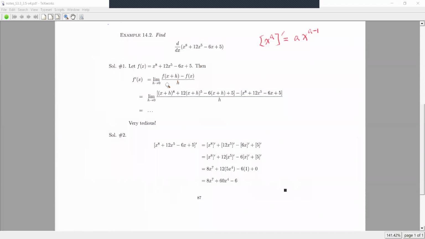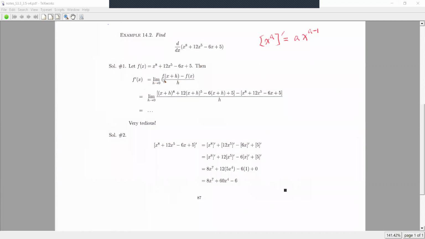In order to use the definition, let me give a name to this polynomial. I name the polynomial f. Then derivative of function f is this limit by definition.